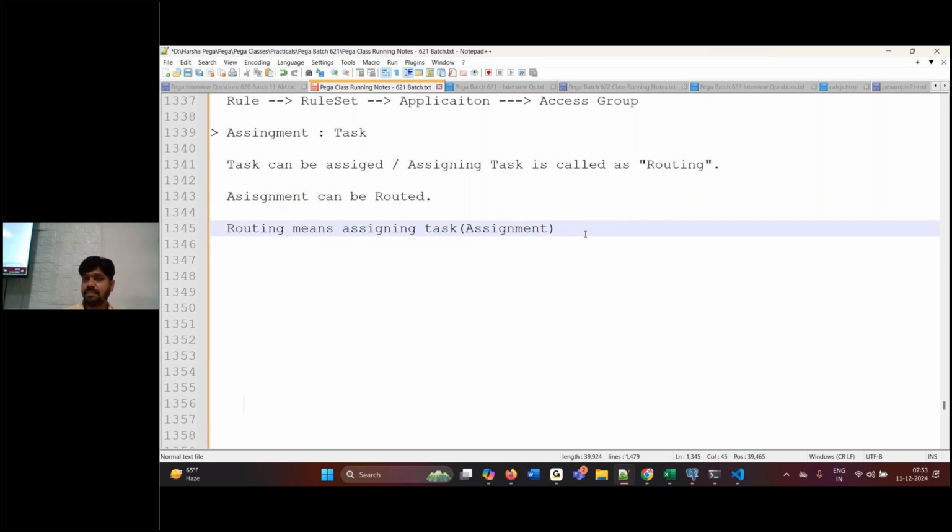If I send a message to Ramesh only, can anyone else in our group of students see it? No one can see. It means I am assigning the task dedicatedly to one specific person, called an operator. This way I can assign a task.